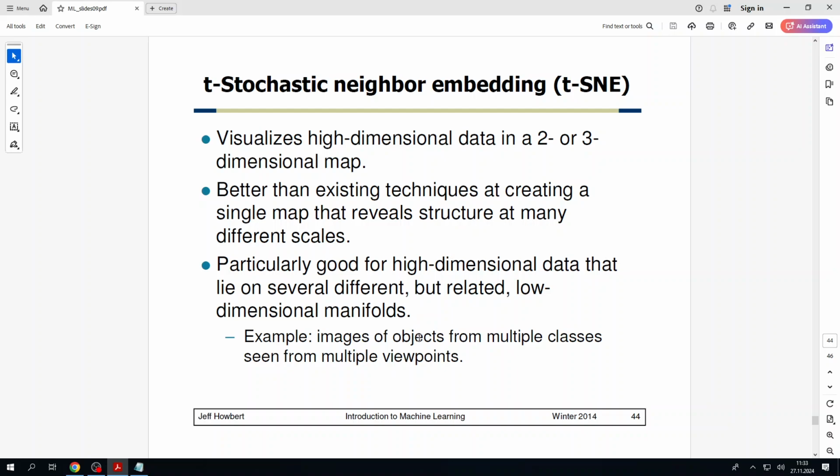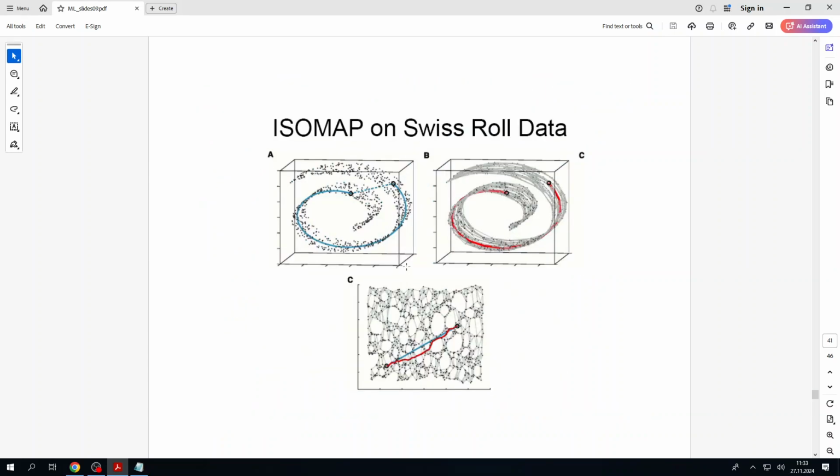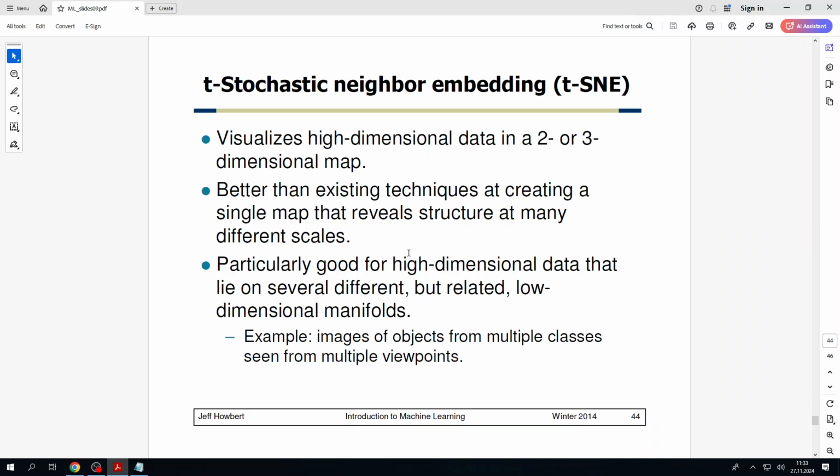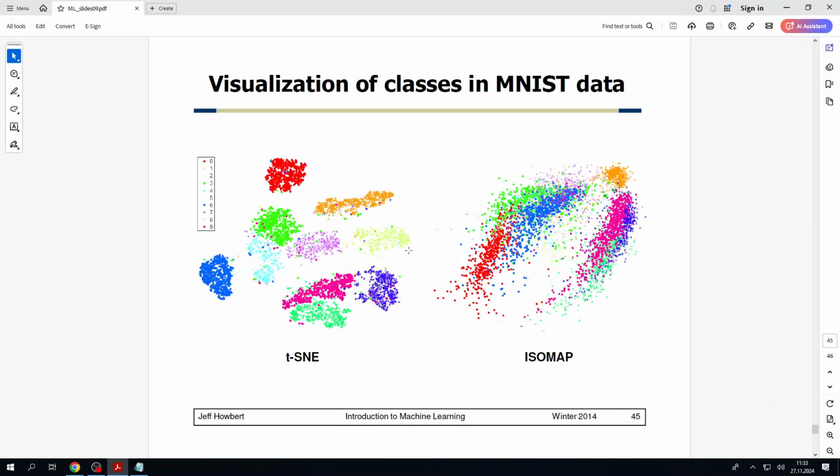Now, another approach is to use t-distributed stochastic neighbor embedding. So the general idea is that instead of the distance between these points, you are using probabilities.